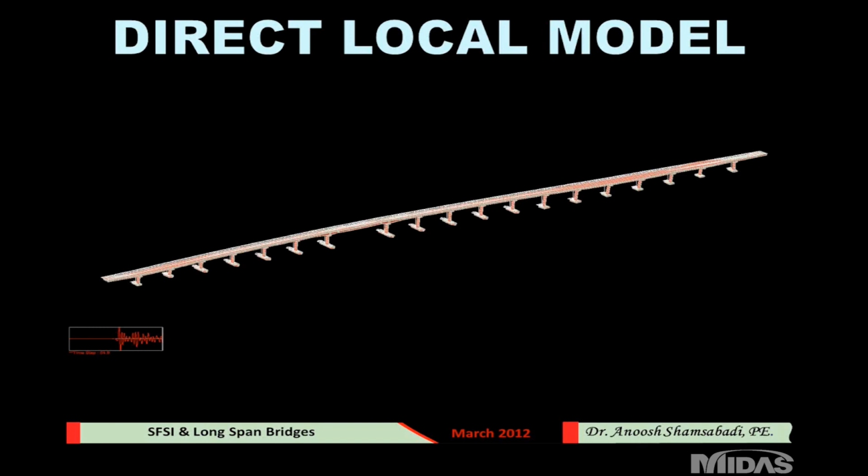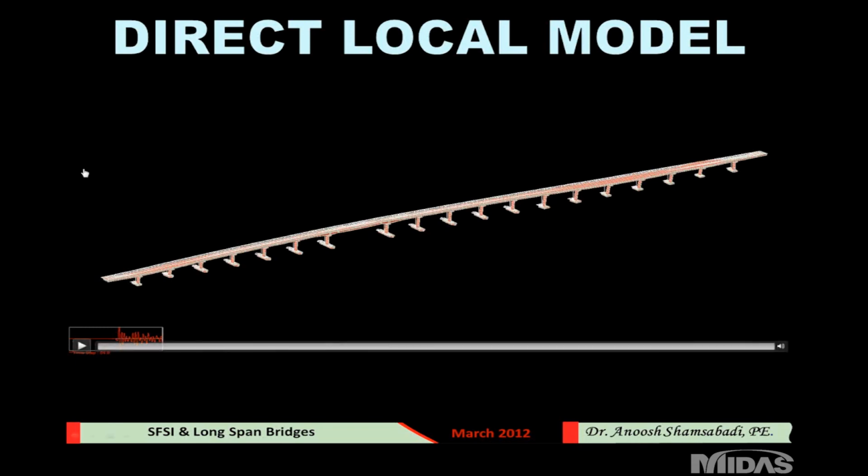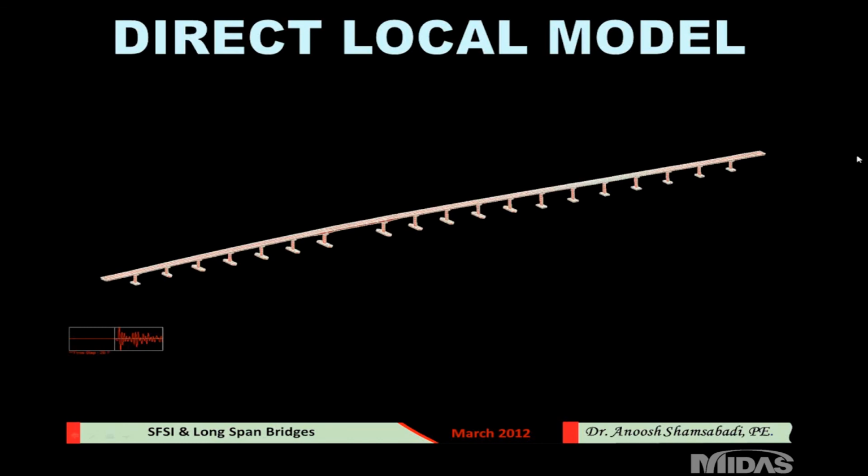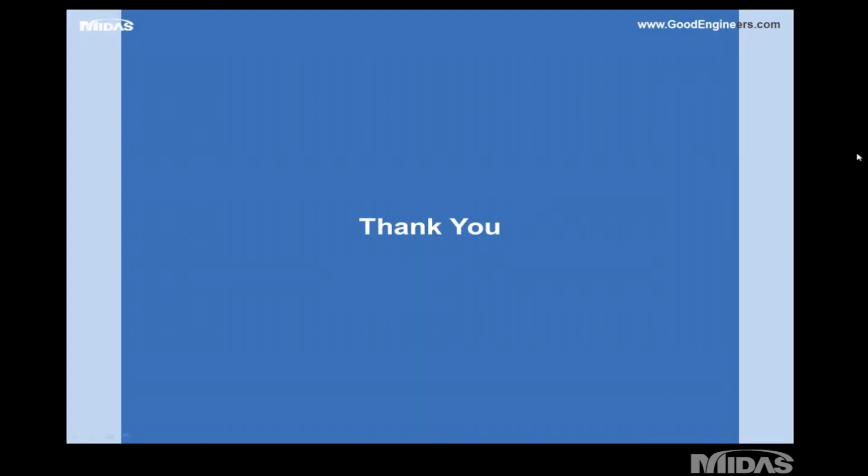In this substructure model, I decided to keep the pile cap because it's very massive, and put the mass of the piles in my 6x6 mass matrix.